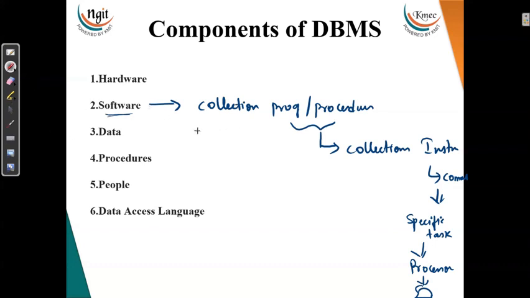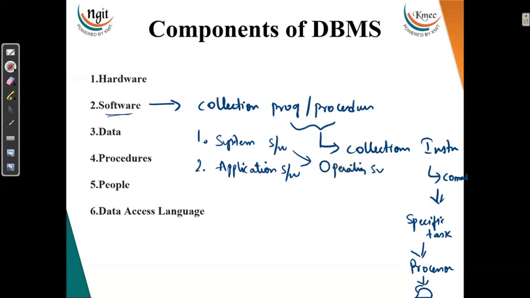With respect to the software, we use three different types of software. One is system software, another is application software. As part of system software, we can take the operating system, which is an interface between the user and the system. Application software is also an interface between the user and the hardware components.